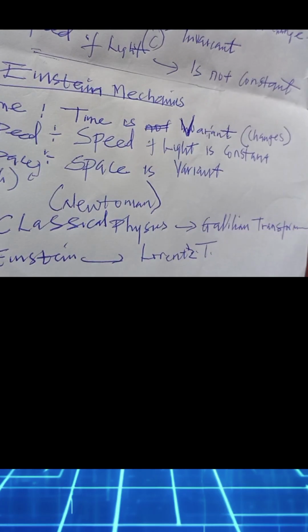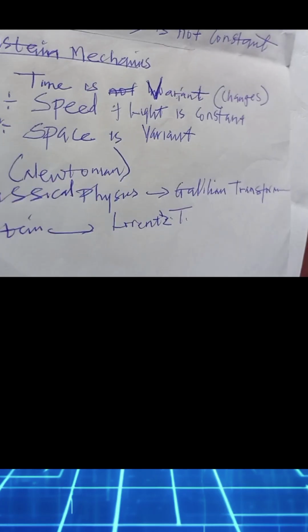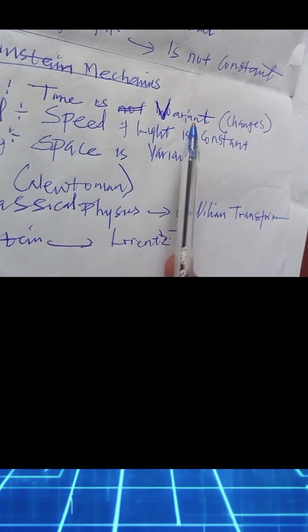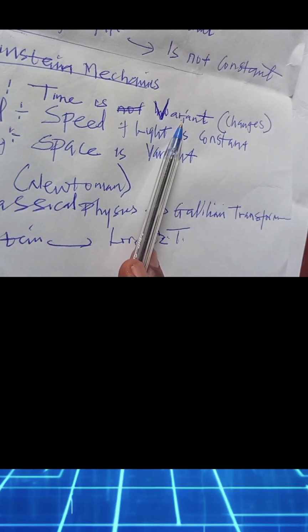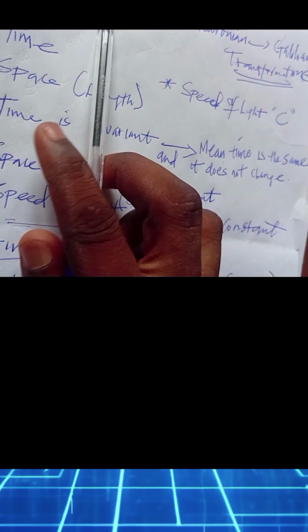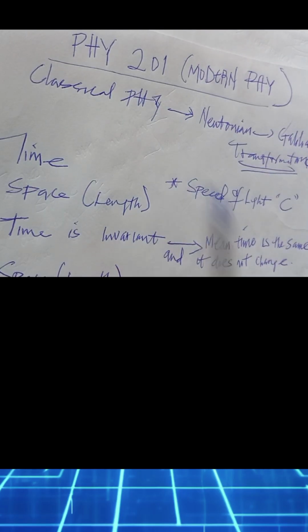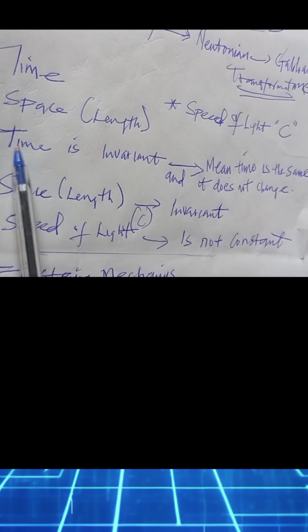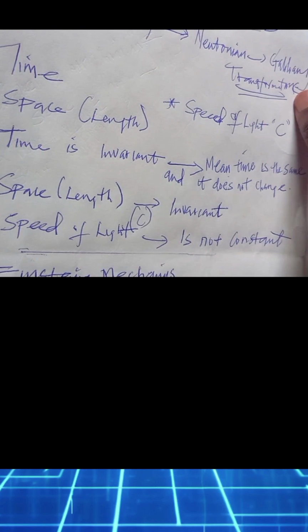Now for this Einstein physics, that is Lorentz transformation, you have to know that time is variant. That's time changes in Einstein physics. But remember that in classical physics, we say that time is invariant.